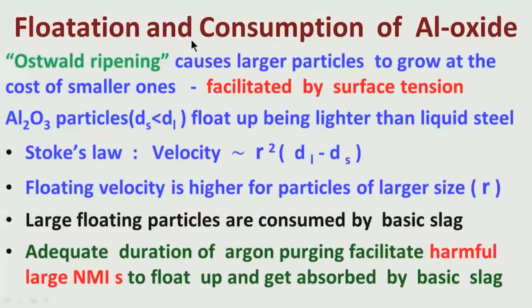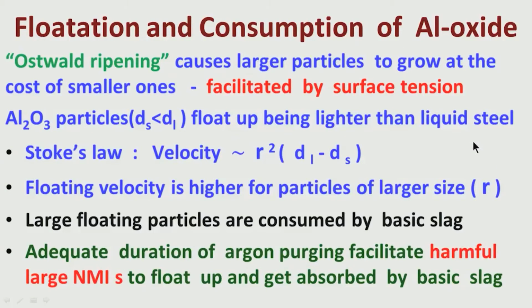So, we should allow some time, maybe about 20-25 minutes, for these alumina inclusions to float up during the secondary refining processes, so that whatever alumina is generated during deoxidation or during reoxidation, they should be able to float up. This also we will tell you in some details, the basic mechanism, how it happens. So, let us talk about the flotation and consumption of this aluminum oxide at the level of the basic slag.